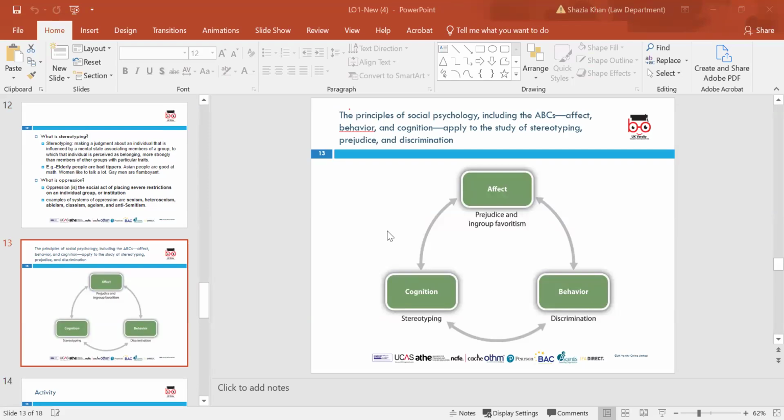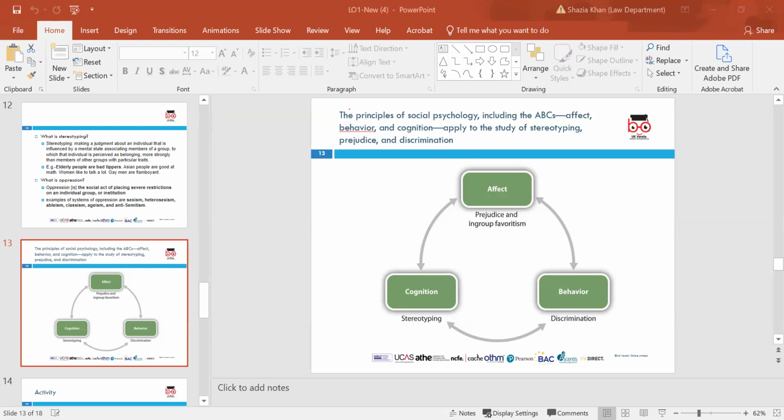So the principles of social psychology, including the ABCs, affect, behavior and cognition, apply to the study of stereotyping, prejudice, and discrimination. Social psychology is based on the ABCs of affect, behavior and cognition, which we've got on there. In order to effectively maintain and enhance our own lives through successful interaction with others, we rely on these three basic principles and interrelated human capacities.